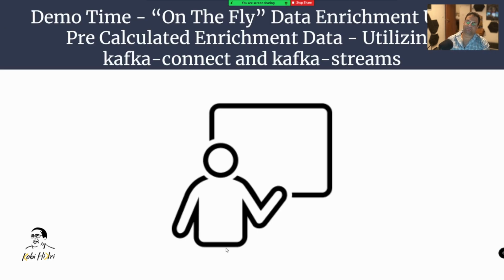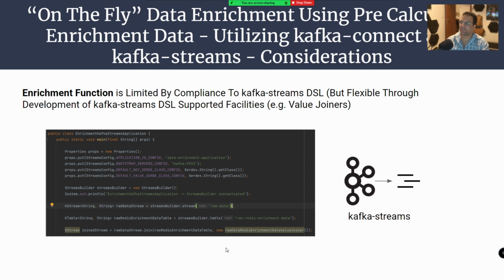Okay, so what we saw here is that the enrichment function is a little bit limited by the compliance to the Kafka Streams DSL, though it is flexible in the way that we can program into the framework, and we can implement Kafka Streams DSL supported facilities such as value joiners, and we can actually do more than the DSL originally allows us.